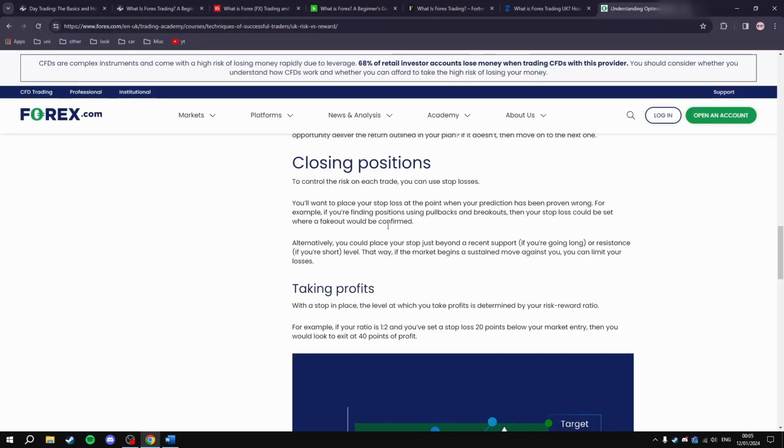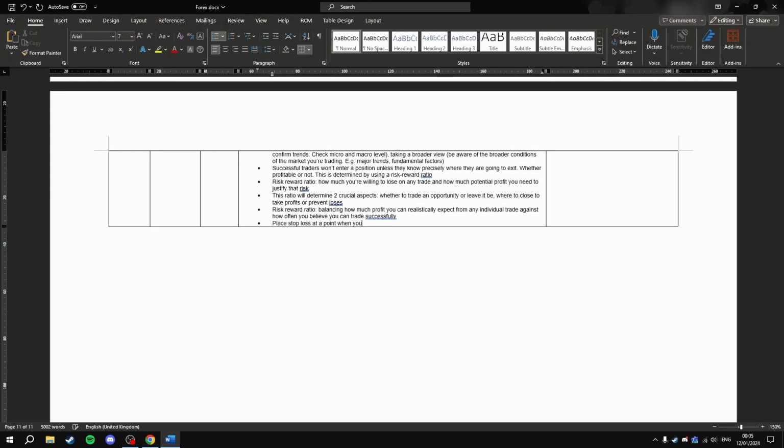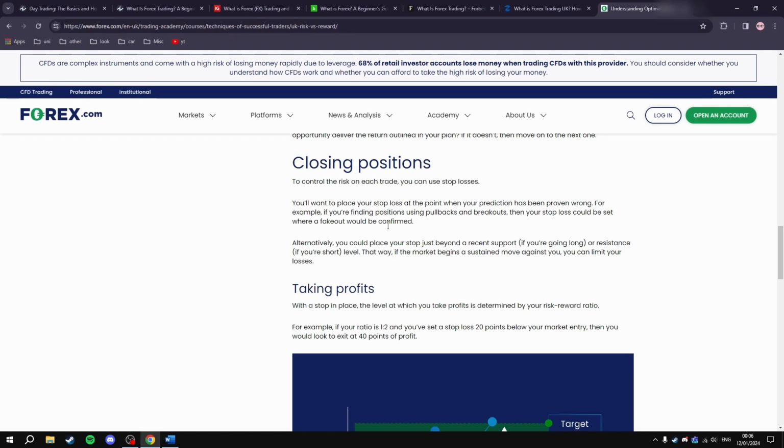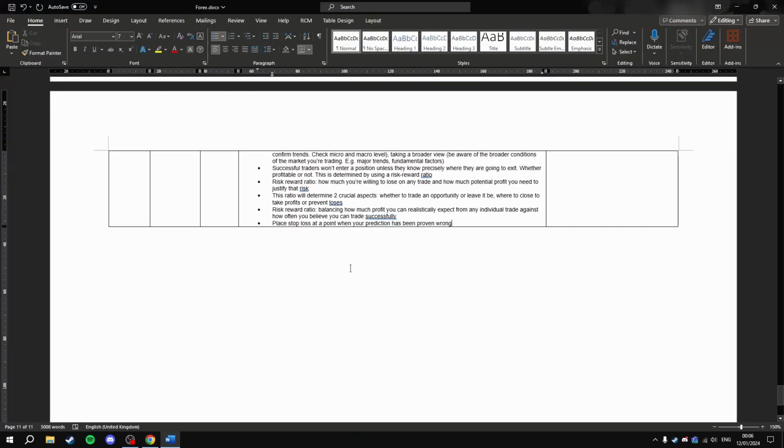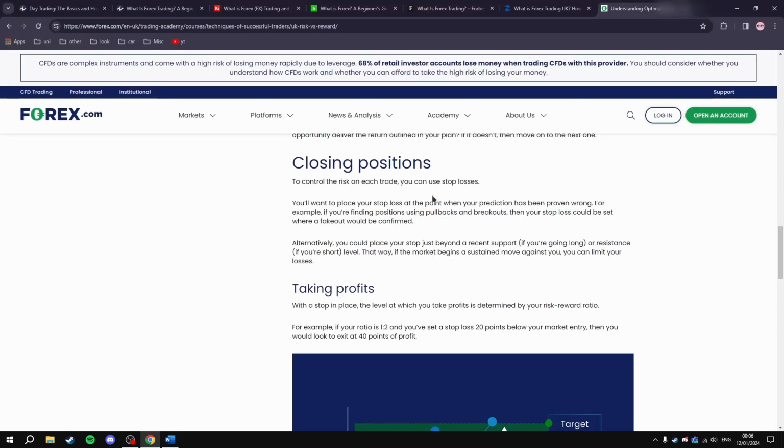For example, if you're finding positions using pullbacks and breakouts, then your stop loss will be set to where a fake out will be confirmed. Alternatively, you could place your stop just beyond the recent support level if you're going long, or resistance level if you're short. That way, if the market begins a substantial move against you, you can limit your losses.